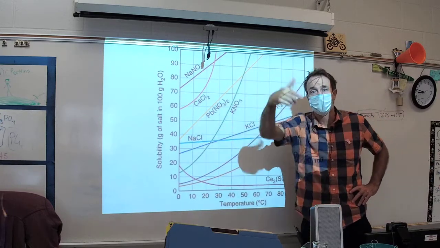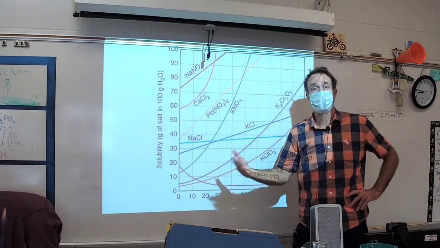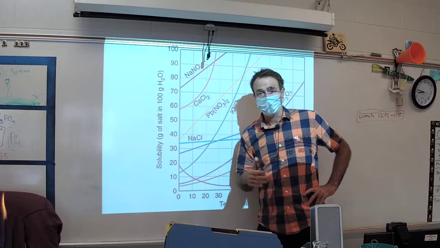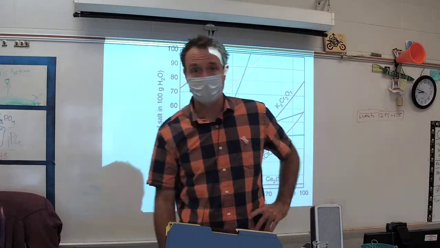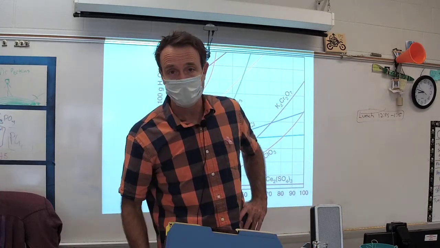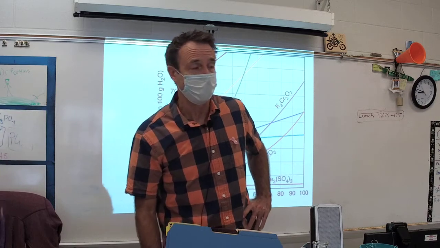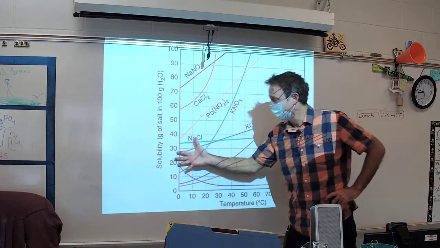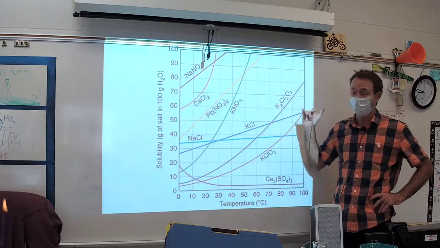As the temperature goes up, you can't hear them at home, people, but they all were screaming. The solubility goes up. That's right. As the temperature goes up, the ability of the powder to dissolve in the water goes up.